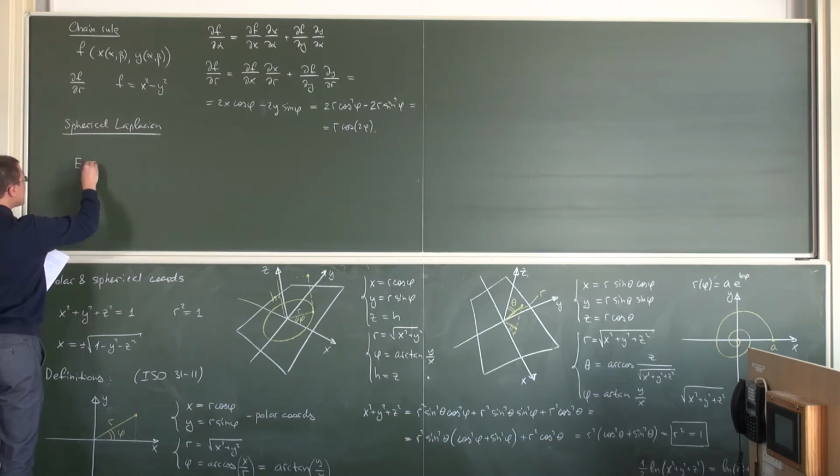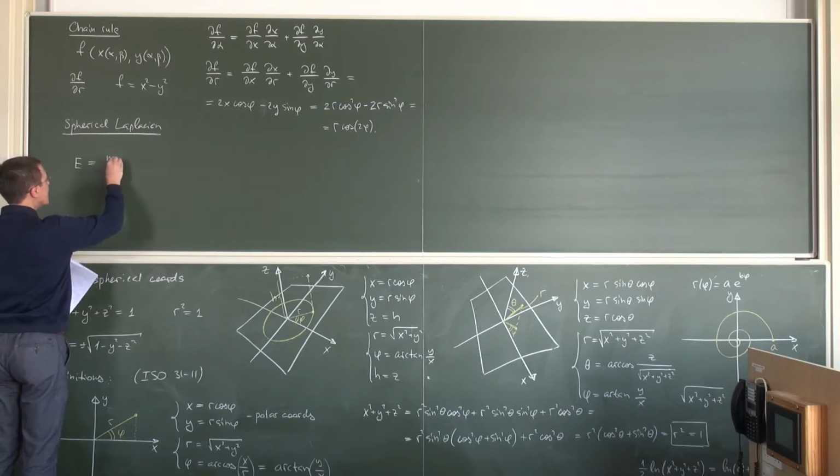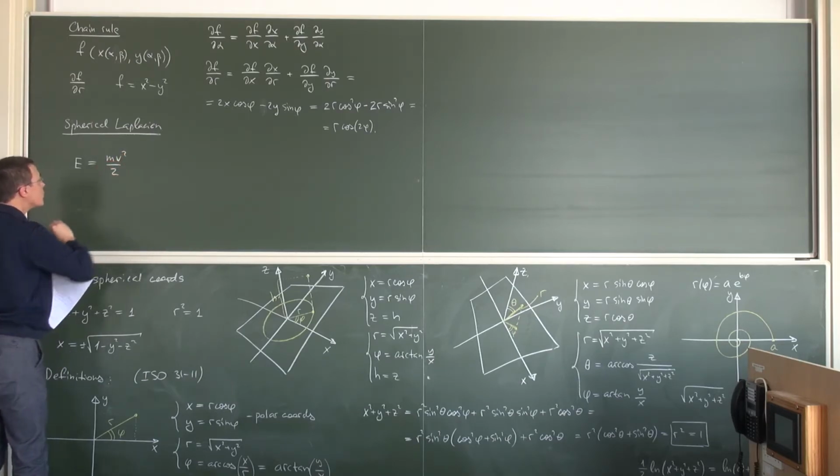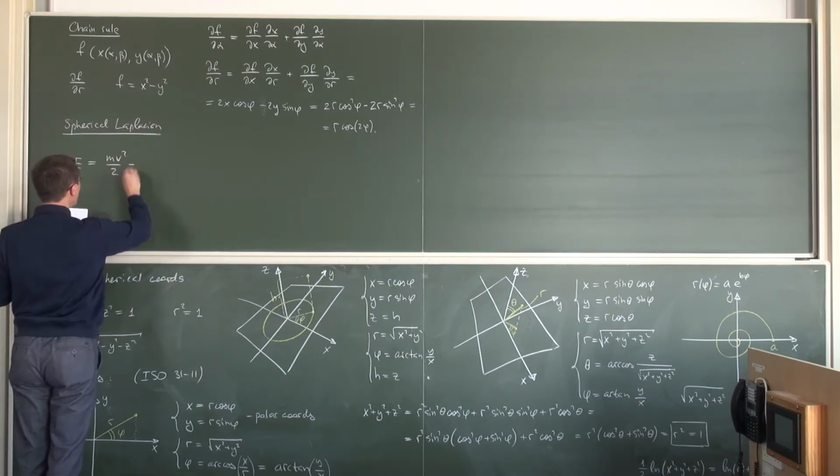So remember what the energy was. It had the momentum part and the potential energy part. And if we've pinned the nucleus, just nailed it to vacuum, and we've got the electron around it, then the energy of that electron is going to have the momentum part, so that was mv squared over 2, and it would have the potential part, and that would be the Coulomb interaction.